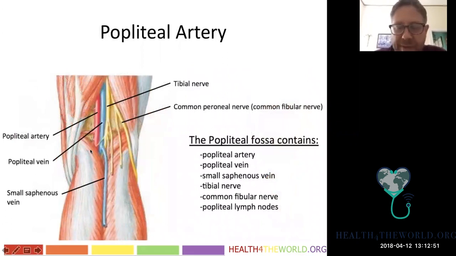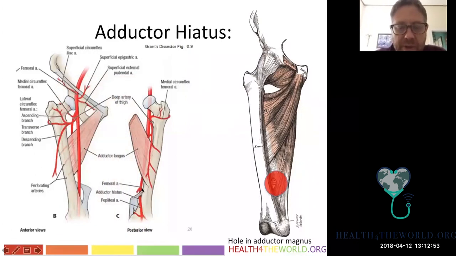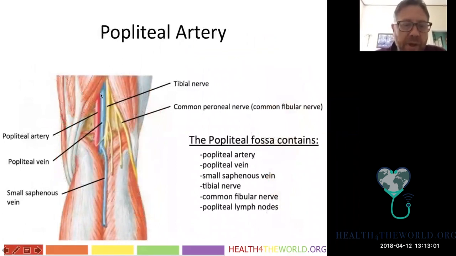Once it becomes the popliteal artery, basically the SFA is going to go through this adductor hiatus to move posterior, and the popliteal artery, as you know, is posterior. You can feel it. If you feel your pulse in your knee, that's the popliteal artery that you're feeling. And that will go down in this popliteal fossa.